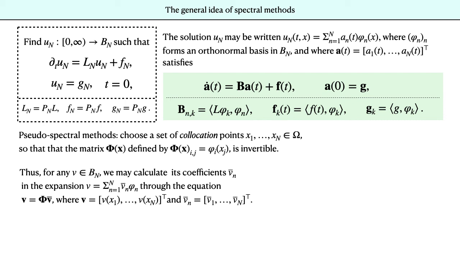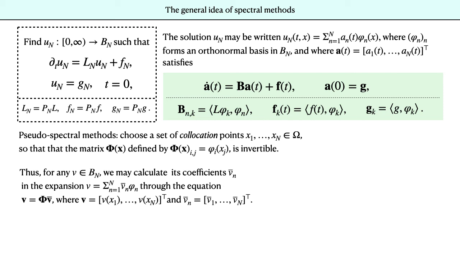And if you make a vector of these values, the vector which is denoted boldface v, then that vector satisfies the equation which is written out, which is the matrix phi multiplied with the v bar.